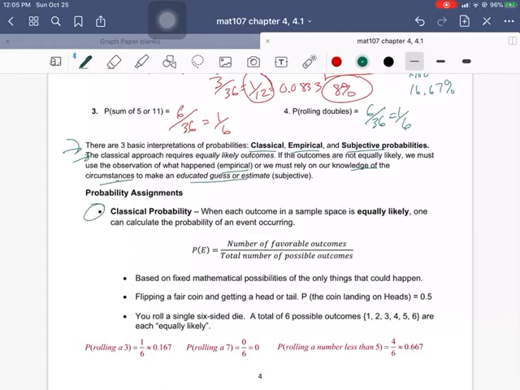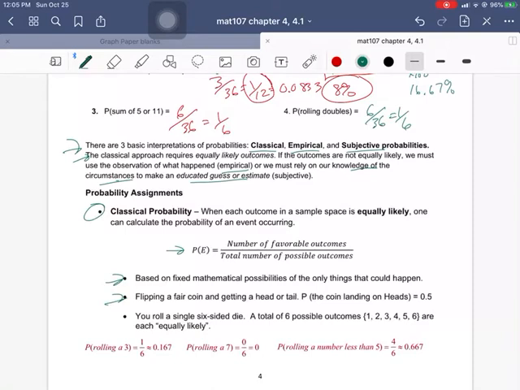So with classical probabilities, each outcome in a sample space is equally likely, and one can calculate the probability of an event occurring based on the mathematics, only the things that could happen. So look at this. The probability of an event happening is the number of favorable outcomes over the total. So this is what we've been doing.